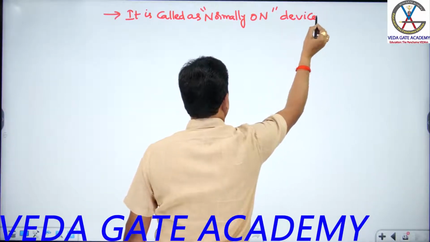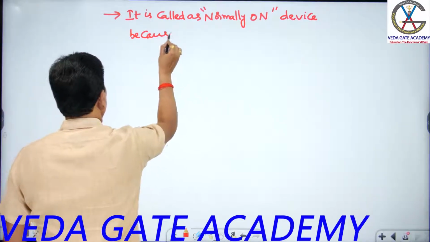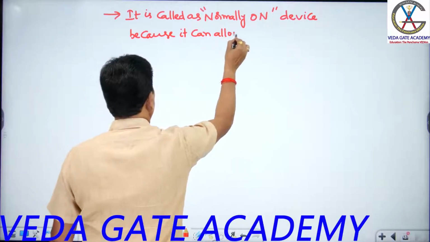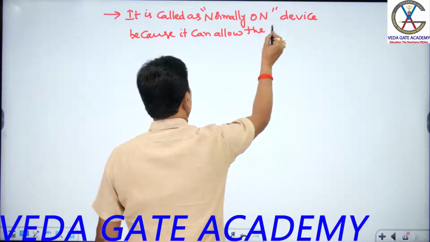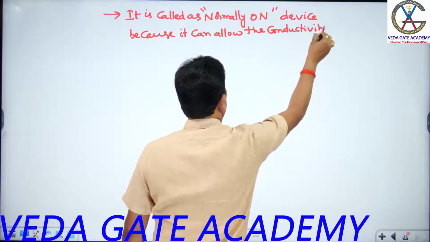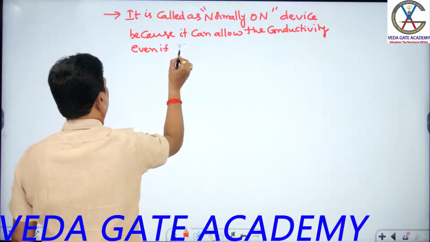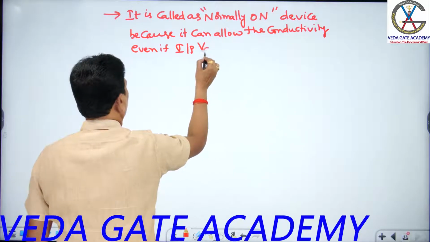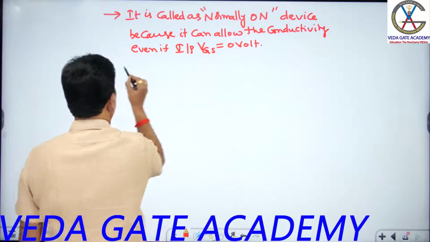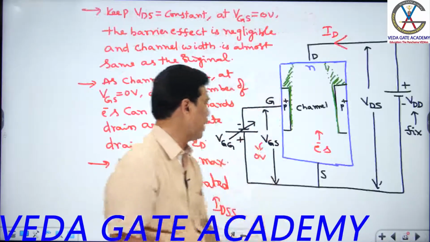It is called a normally on device because it can allow conductivity even if the input VGS equals 0 volt. By that, this device is called a normally on device, students. Okay. Check out the next one again.